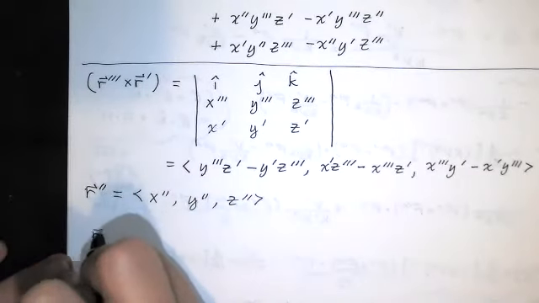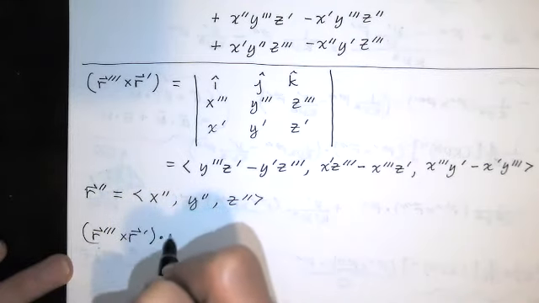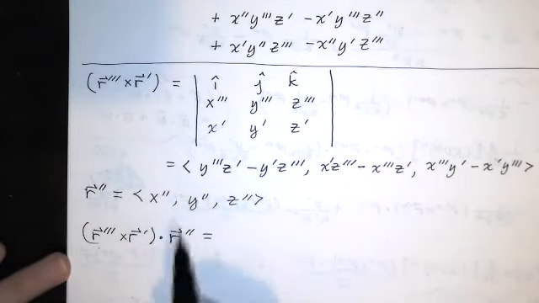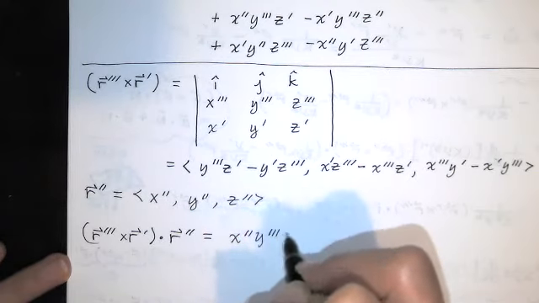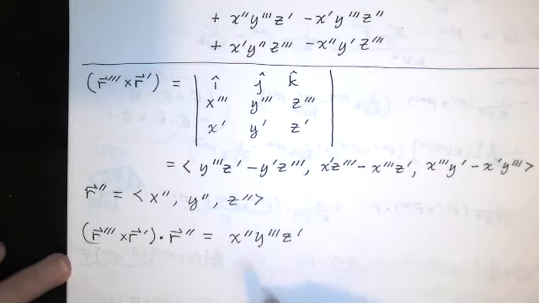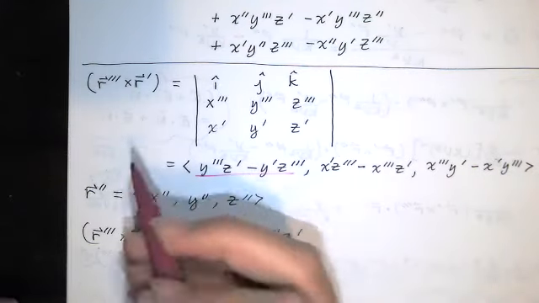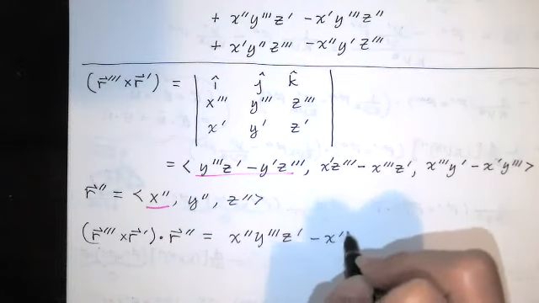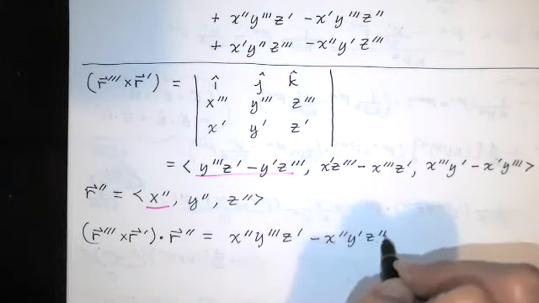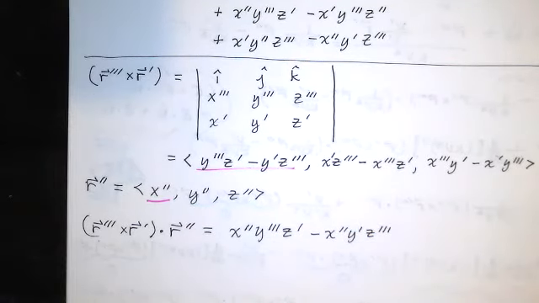Okay, so the dot product of this guy with this guy is the following. We've got x double prime, y triple prime, z prime. I'm taking my x component and multiplying it by my x component. And then I add the y component multiplied by the y component.